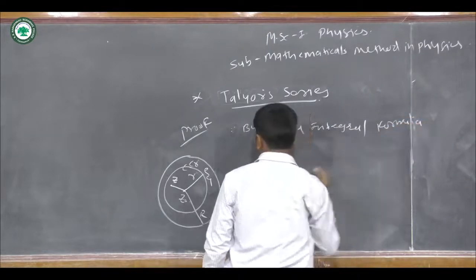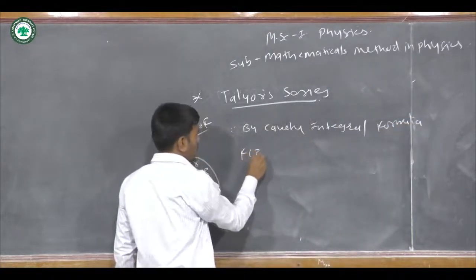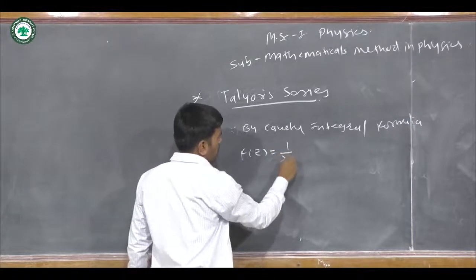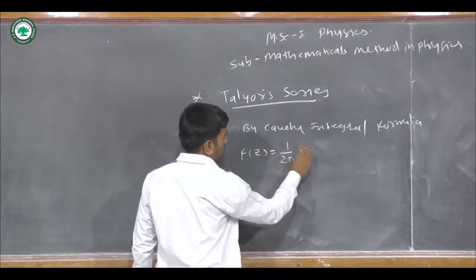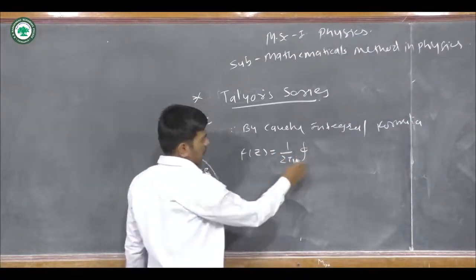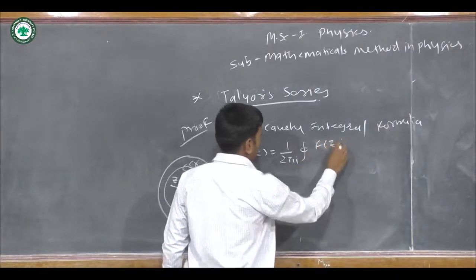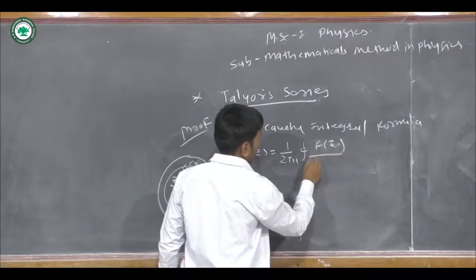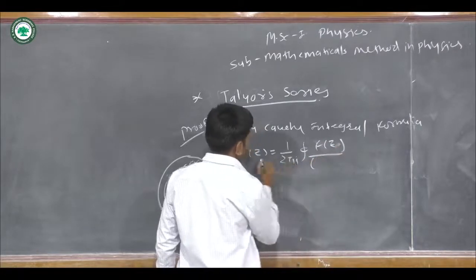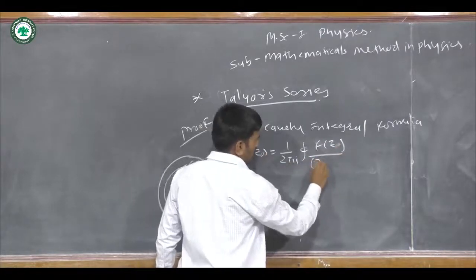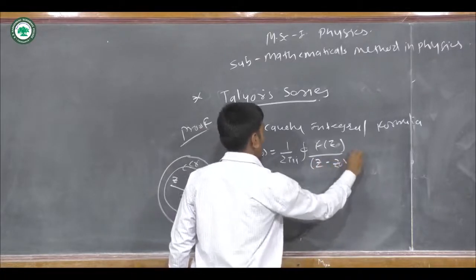or by using the Cauchy integral formula, f of z naught is equal to 1 by 2 pi i closed integral over c of f of z divided by z minus z naught dz.